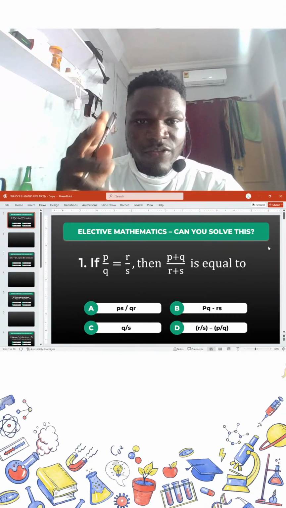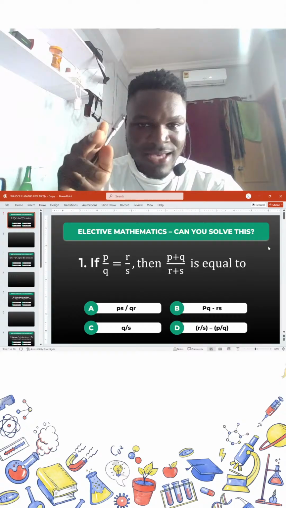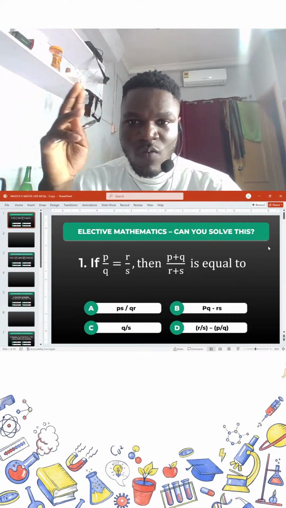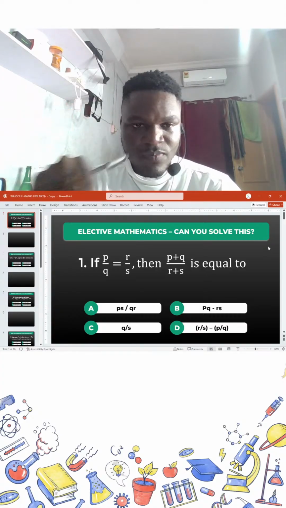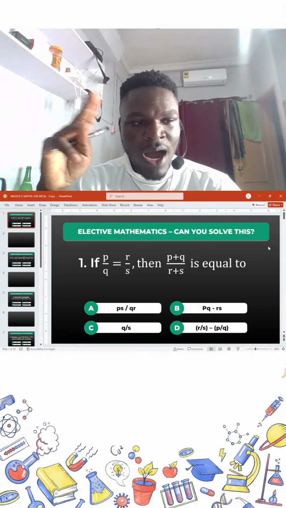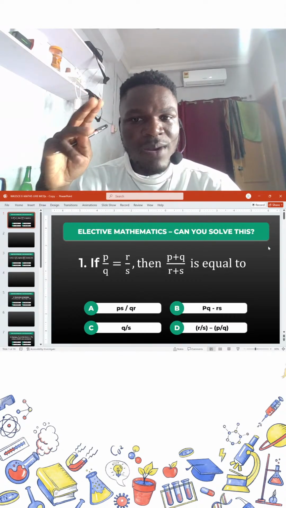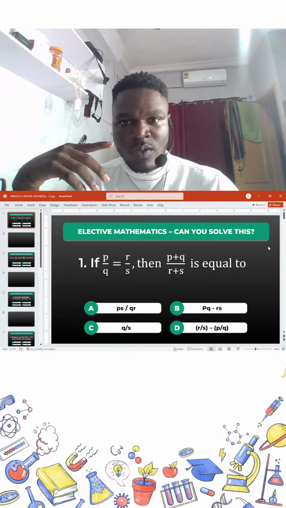So if P over Q is equal to R over S, then the ratio P plus Q over R plus S is equal to, that is the question. So question number one, if P over Q is equal to R over S, then P plus Q over R plus S is equal to, then we have the possible answers over here.